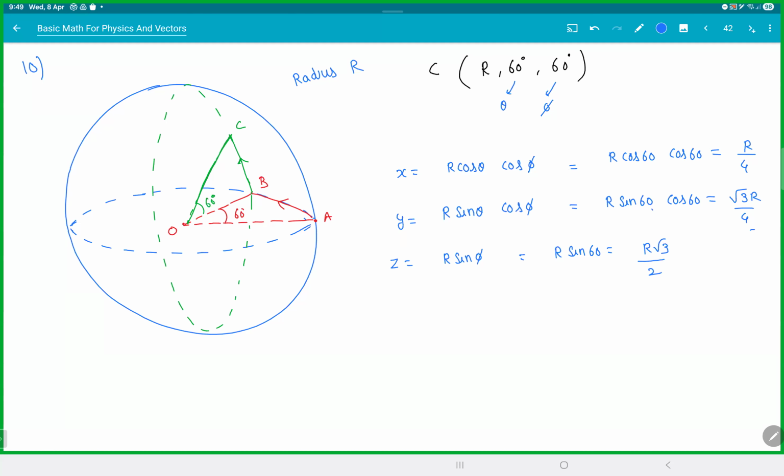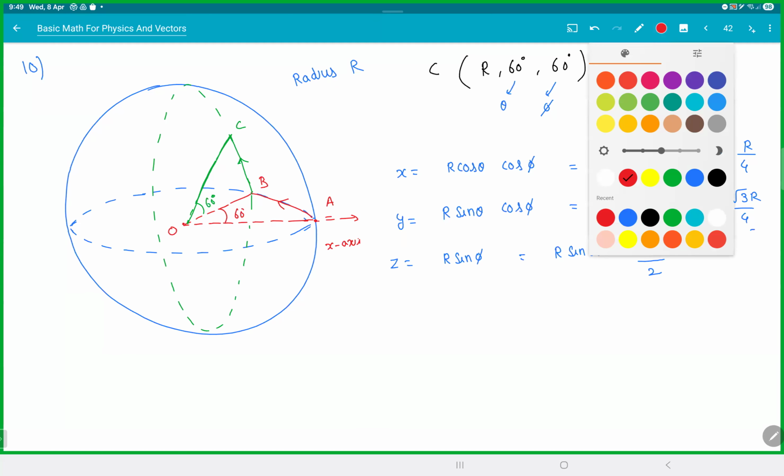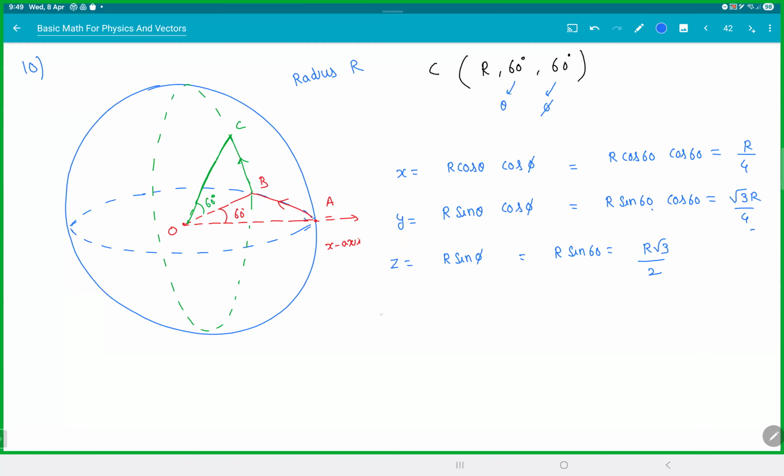What about the coordinates of A? We can clearly see A lies on the x-axis. You can choose anything as the x-axis. I'll choose OA as the x-axis, keeps your life easy. And so the coordinates of A will be straightforward, r comma 0 comma 0. Make sense? There is no y, there is no z. You're on the x-axis. So that's your A coordinates, r comma 0 comma 0.